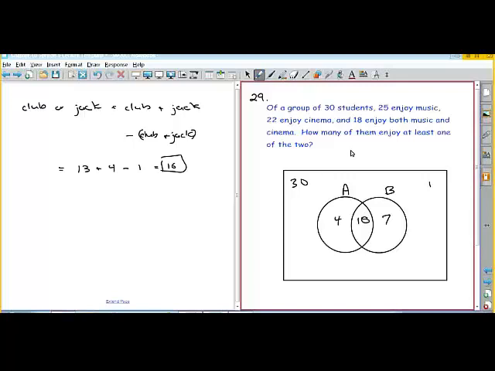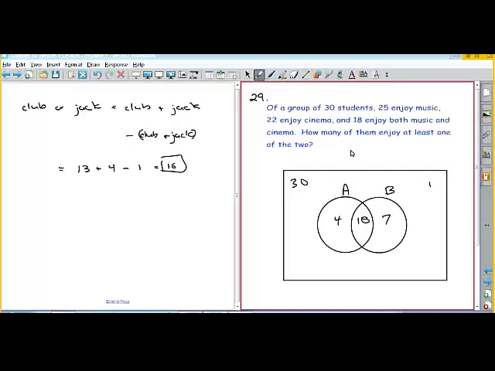Okay, so we did this last semester. What we had was 18 enjoyed both, so we have this intersection of the two. And then we said, okay, so that's this little slice. 22 enjoyed cinema, so this must be cinema.